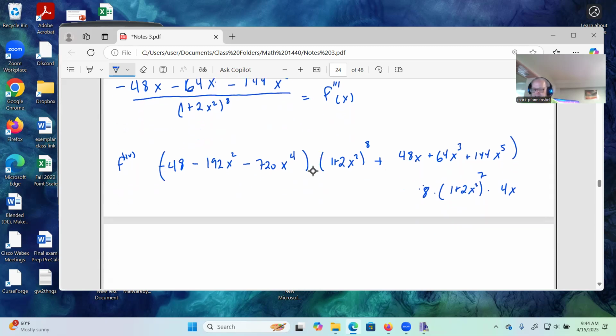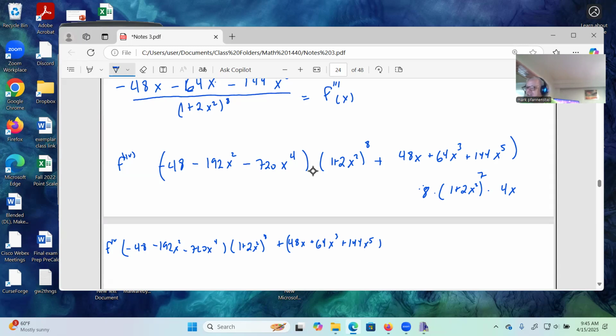We'll go ahead and make a new summary spot here. So we're going to say this is negative 48 minus 192x squared minus 720x to the fourth, all times 1 plus 2x squared raised to the eighth power. And we're going to say plus, fortunately, this is the last one, right? 48x plus 64x cubed plus 144 x to the fifth, okay, times the derivative of the bottom. 8 times 4 is going to be 32.